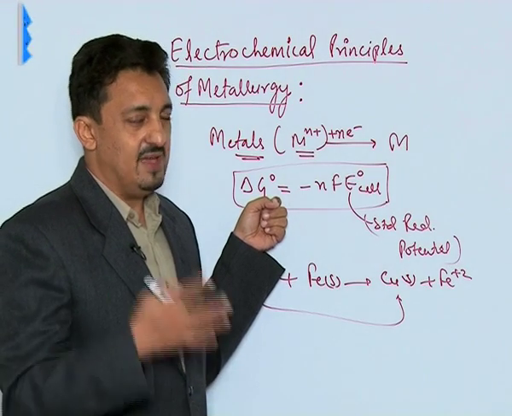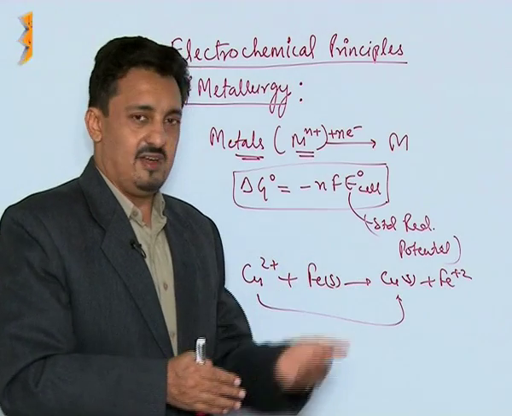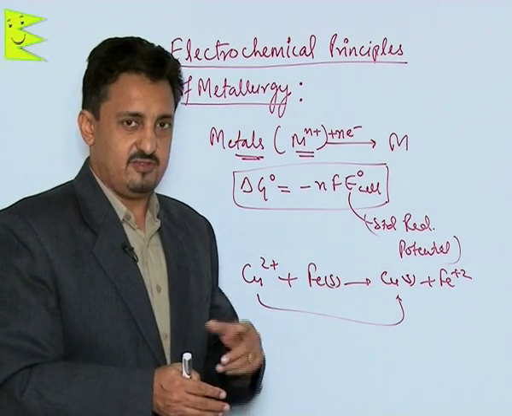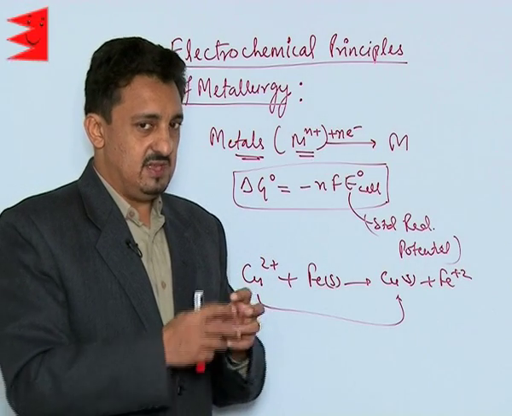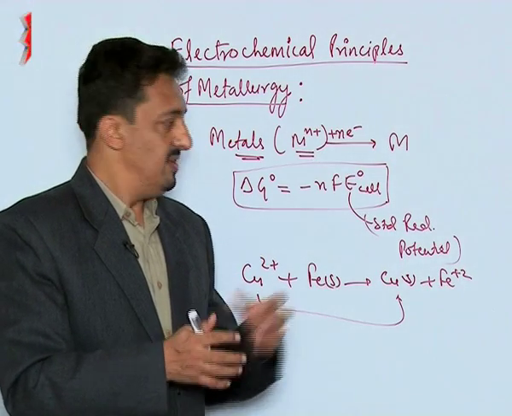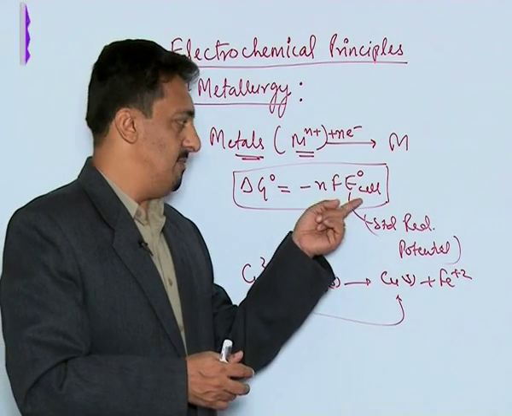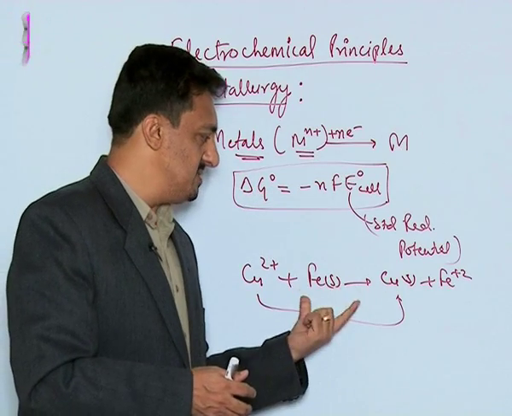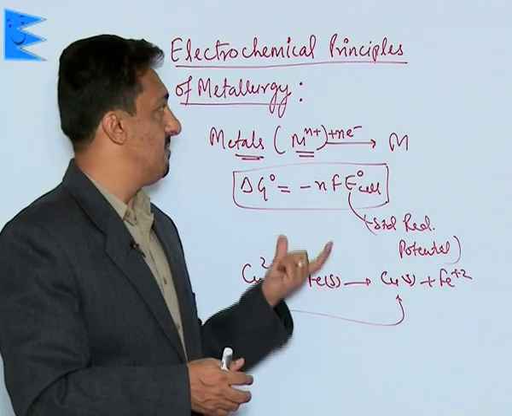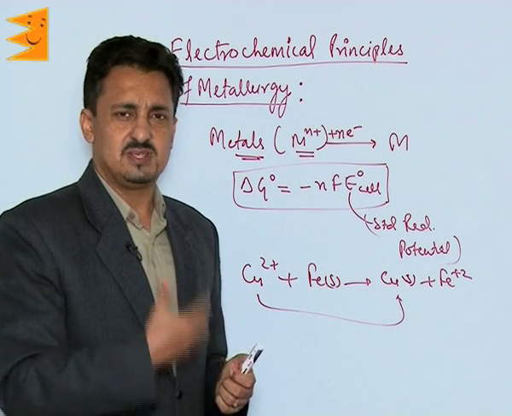We can make it feasible by coupling it with another process in which the E naught is positive. When the E naught values of both are added, the total becomes positive, so that the overall delta G becomes negative. That's the basic principle behind the electrochemical principles of metallurgy, and it is used in a number of different examples.